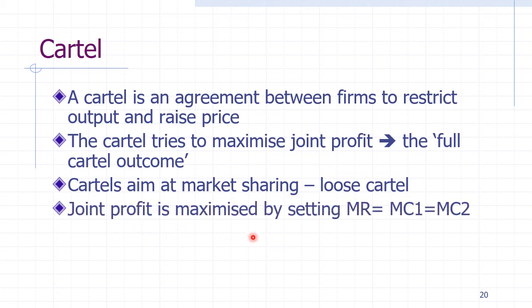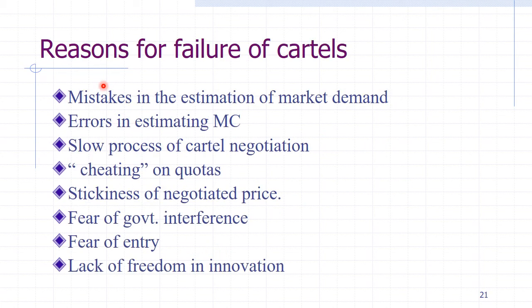Joint profit is maximized by setting MR equals MC1 equals MC2, and if there are more than two firms in the structure, there may be further MCs, right? Sometimes these cartels or agreements between firms in the oligopoly structure can fail.